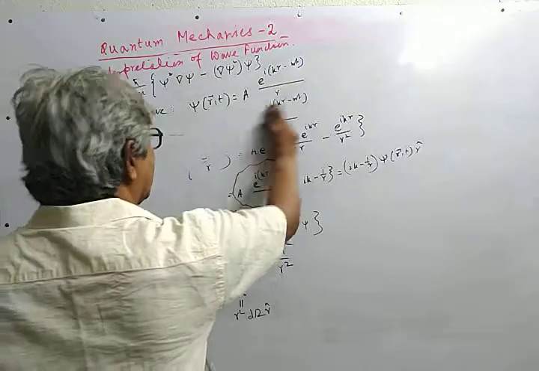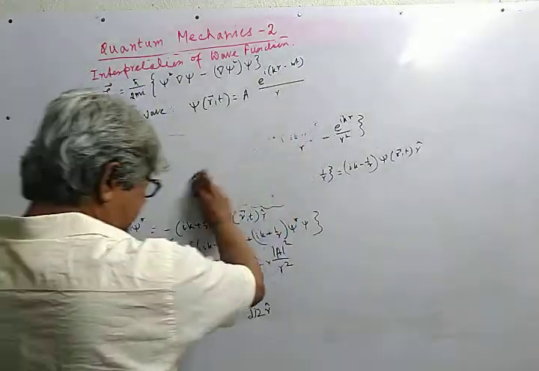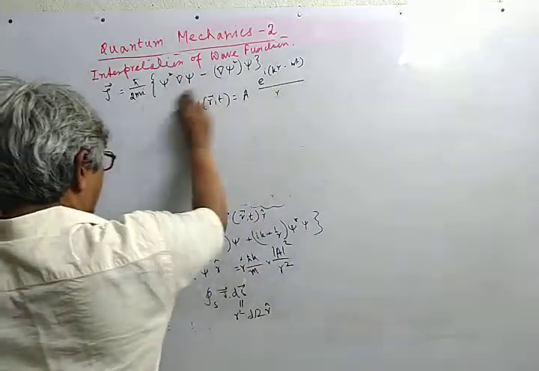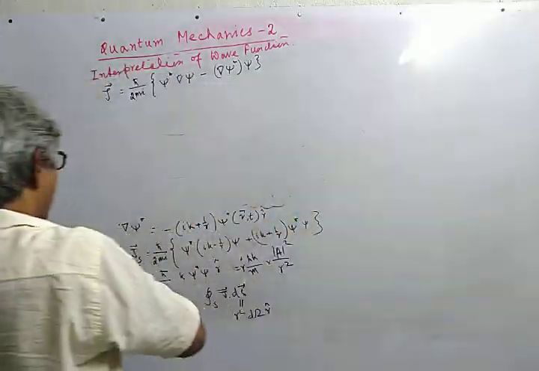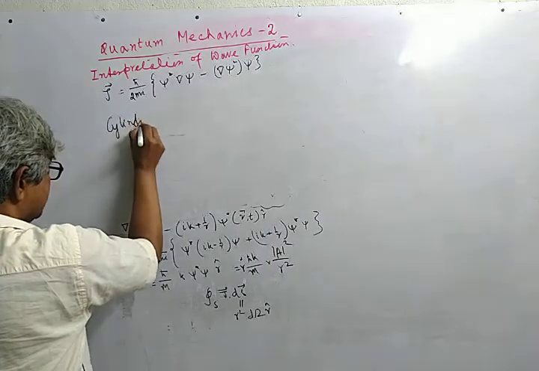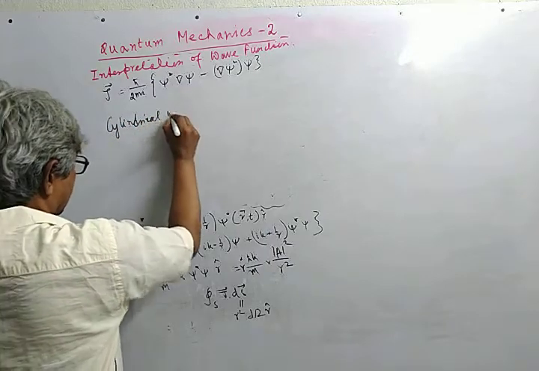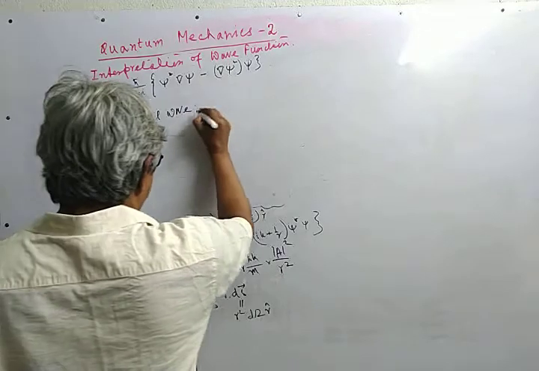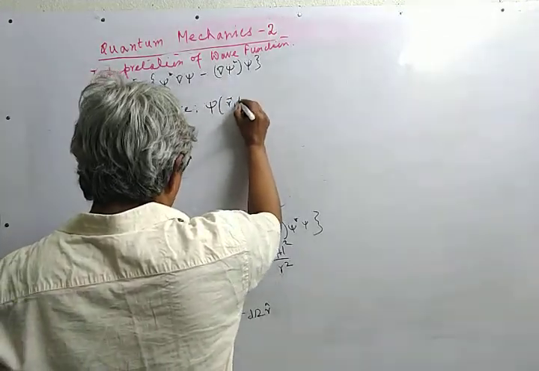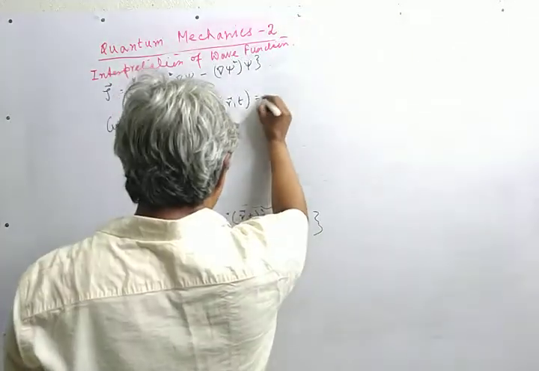For a cylindrical wave of infinite extent, we have the wave function, and we use the rho phi z coordinate system.